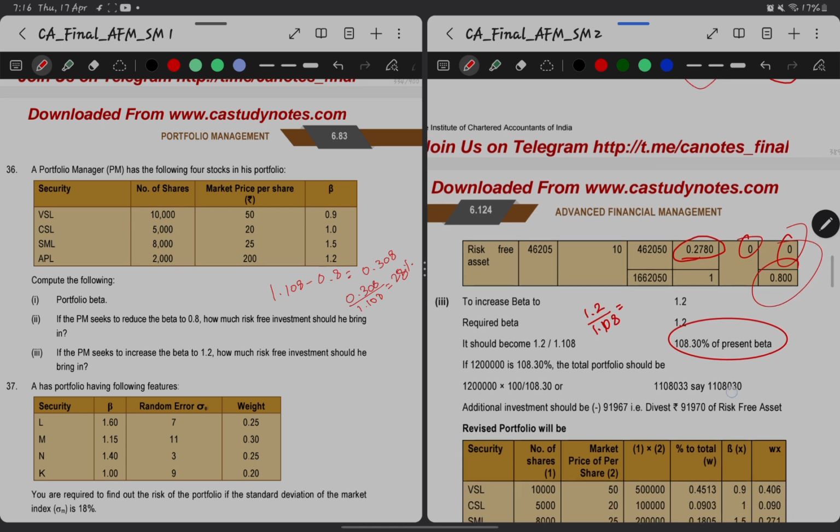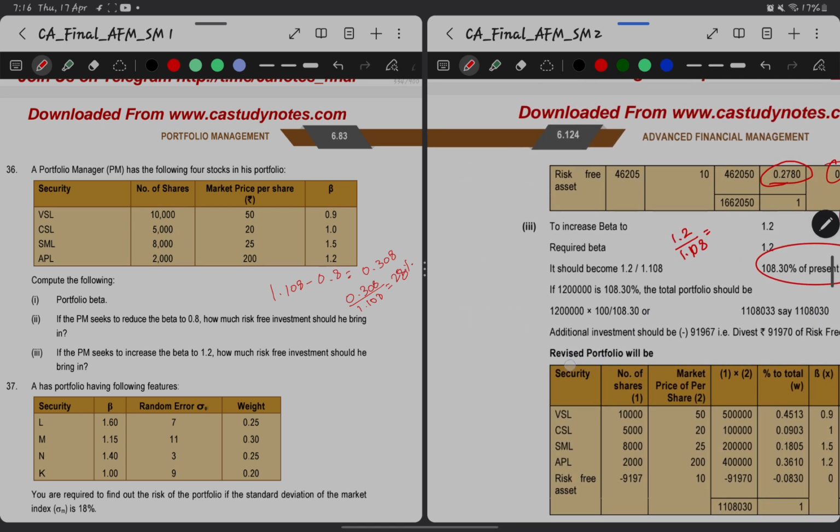So whatever the current investment we have, which is 12 lakh, 12 lakh divided by 108.3 percent will give us 11 lakh 08,033.